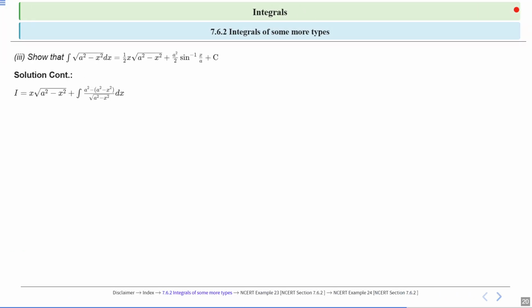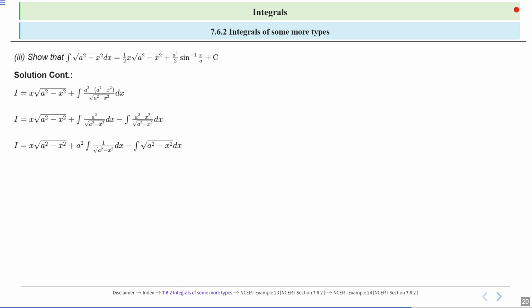So it becomes x into root under a square minus x square plus integration of a square minus x square by root under a square minus x square dx. So I is equal to x into root under a square minus x square plus integration of a square by root under a square minus x square dx minus integration of a square minus x square by root under a square minus x square dx.